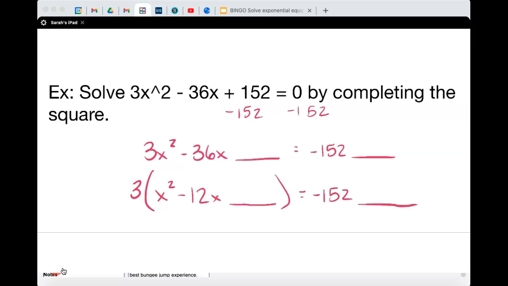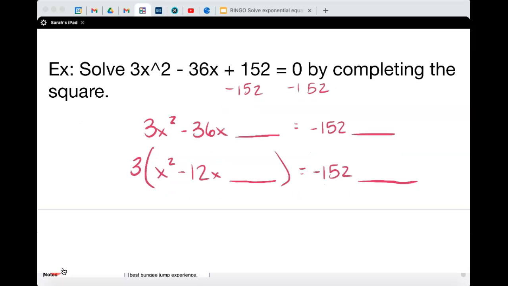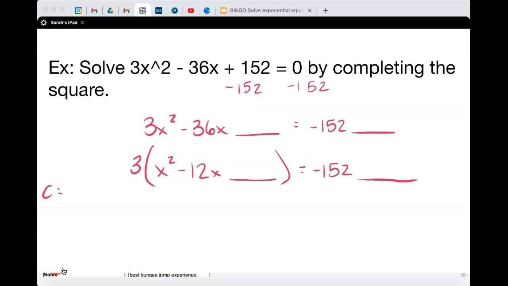Inside my parentheses, I still want to figure out the perfect square trinomial, so I need to figure out what goes in the blank, my c value. You divide the 12, because that's my new b value, by 2, 6, 36. Okay, so that goes in the blank.